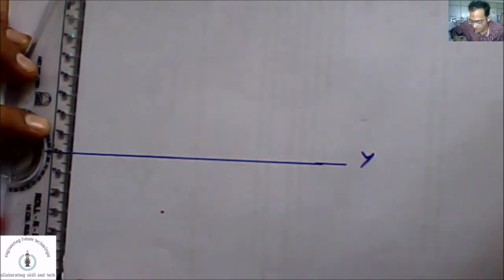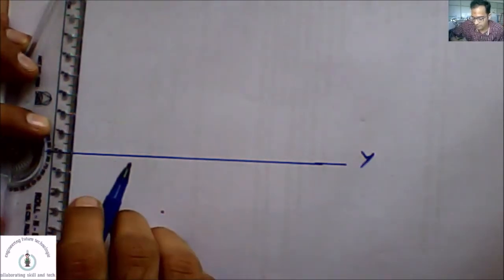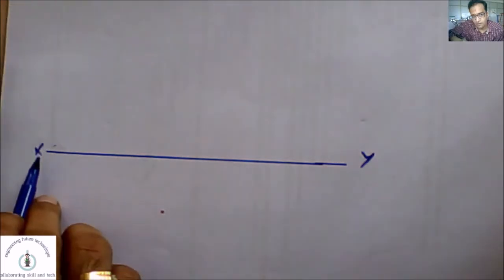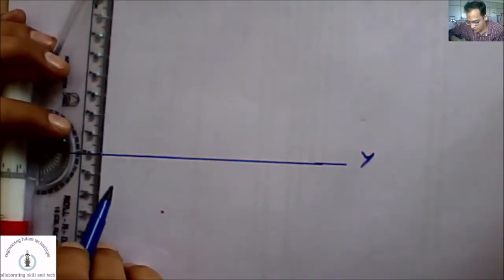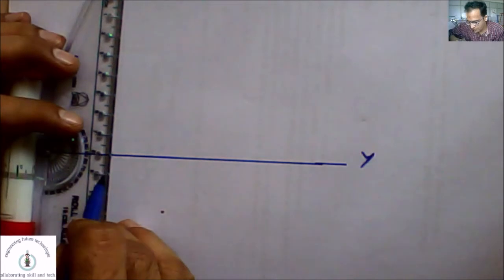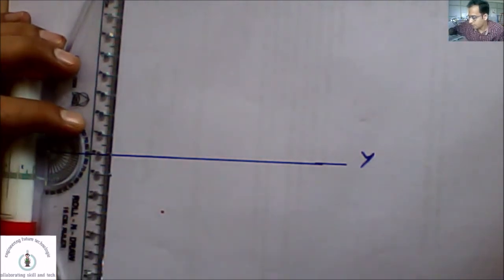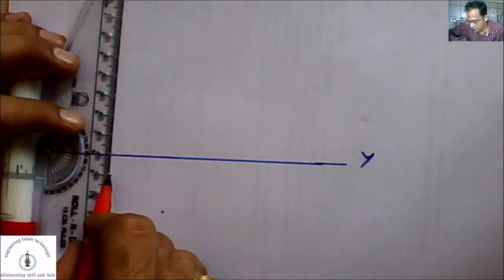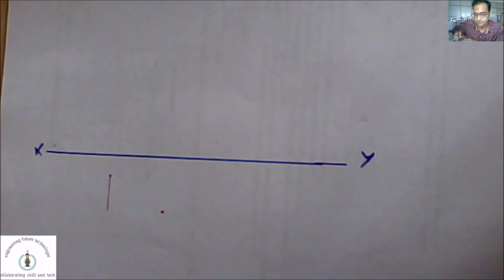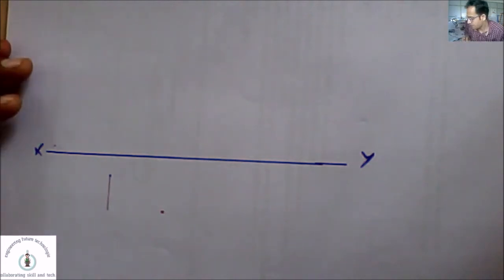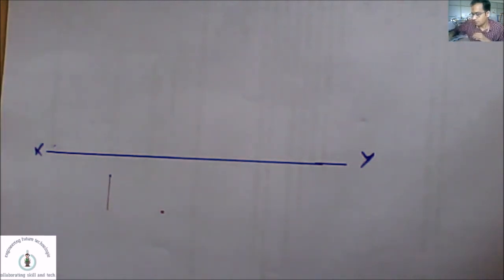Then we'll be drafting a line, being somewhat away from the end region, a little ahead, I'll be placing a point over here and I'll be drafting a minor line over here, vertical line. Then I'll take an angle protector.